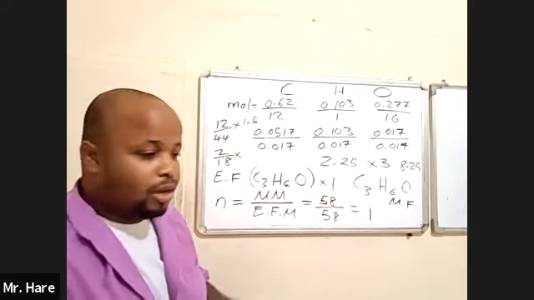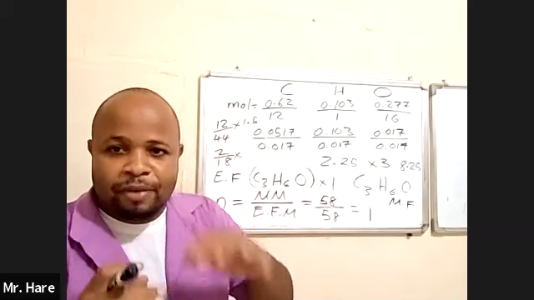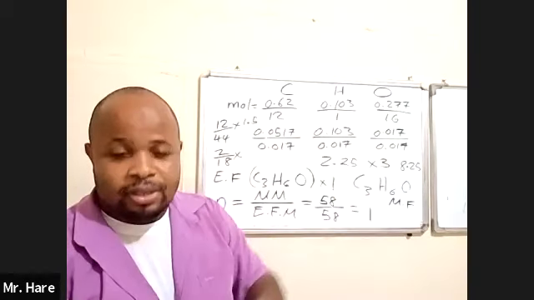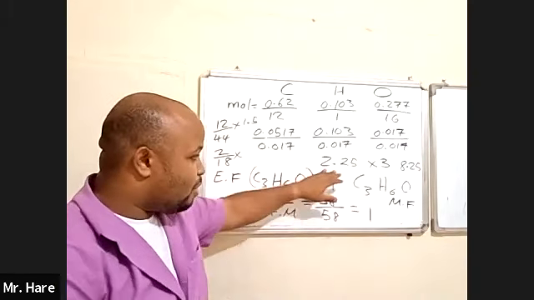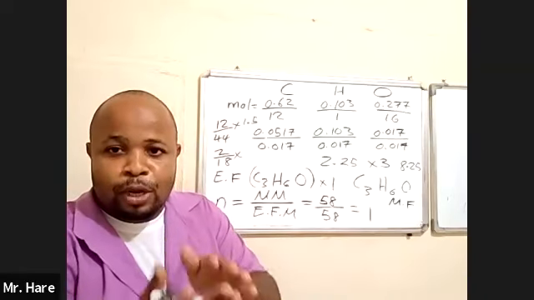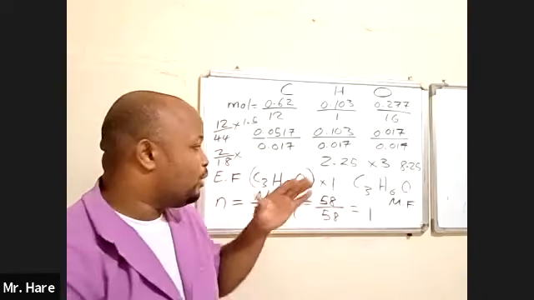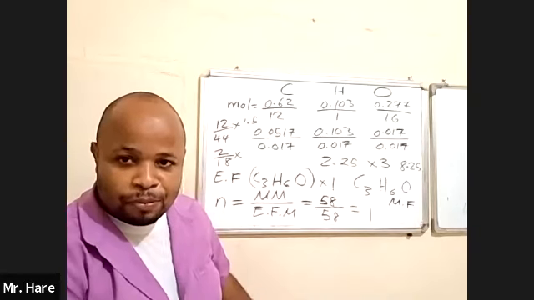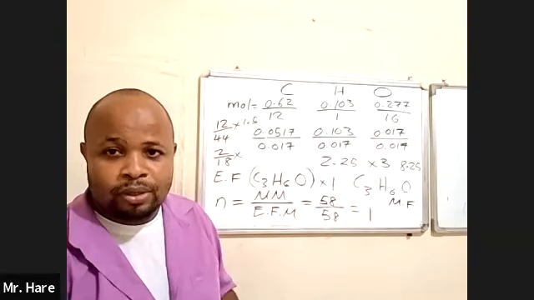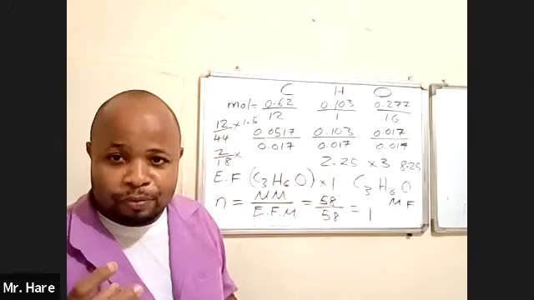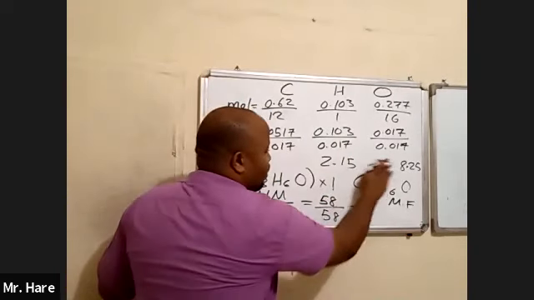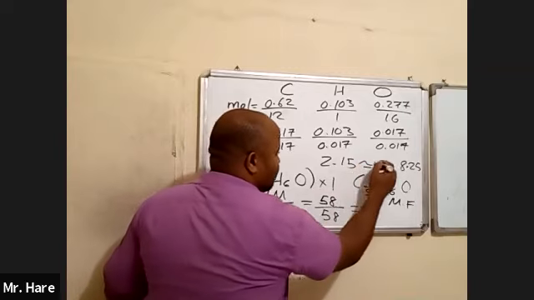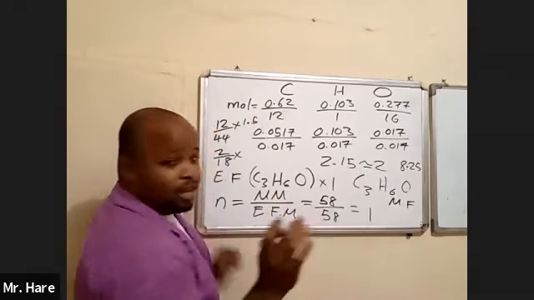Normally we say when it's 0.5 or more, you round up, and when it's less than 0.5, you round it down. But for empirical formula, you want the decimal to be close to a whole number. So we're saying 2.4 is not close enough to the whole number to round it down. Even 2.6 is not close enough. So you want answers like 2.15, that's approximately 2. You get what I'm saying?